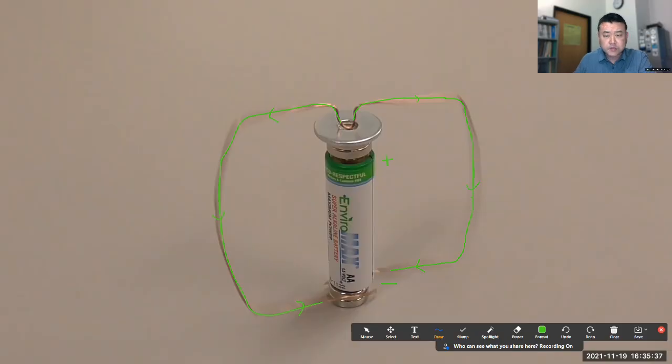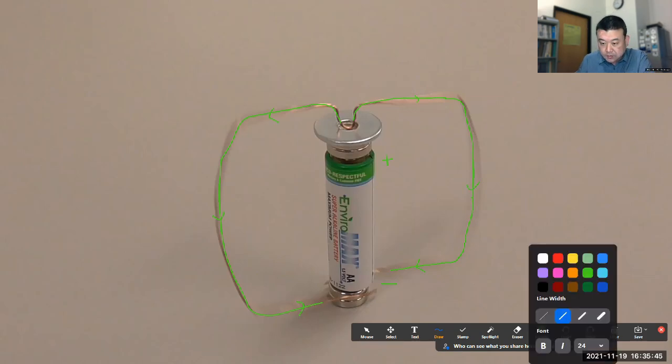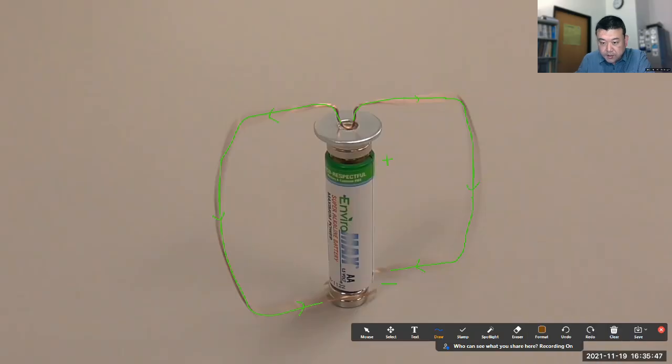As we imagine looking at it from top, the direction in which the loop of wire is spinning is counterclockwise. So I'll just make a notation here that here the velocity is into the screen, here the velocity is out of screen, and it's kind of spinning this way, but that direction makes sense.